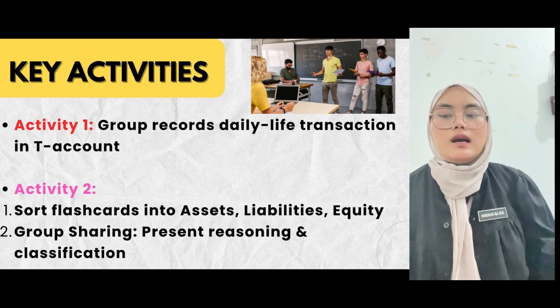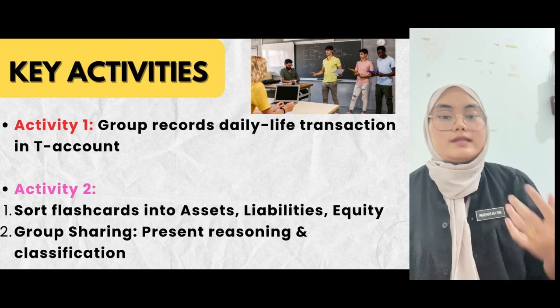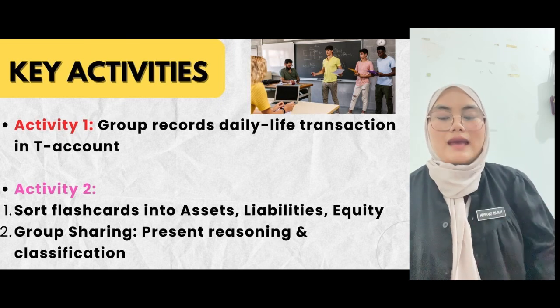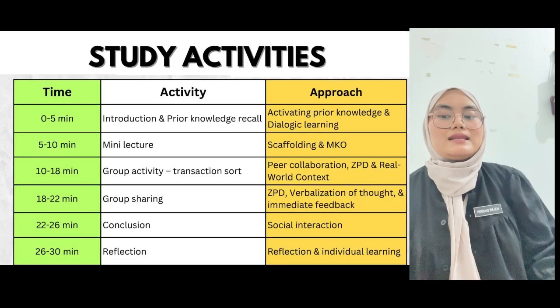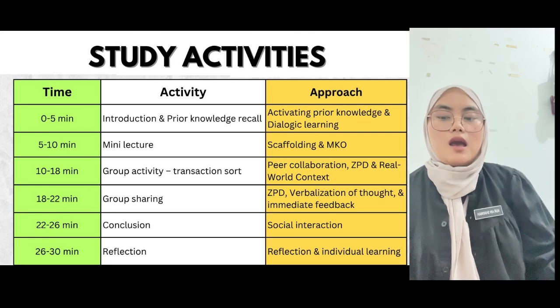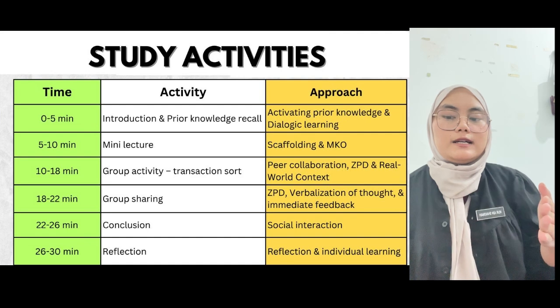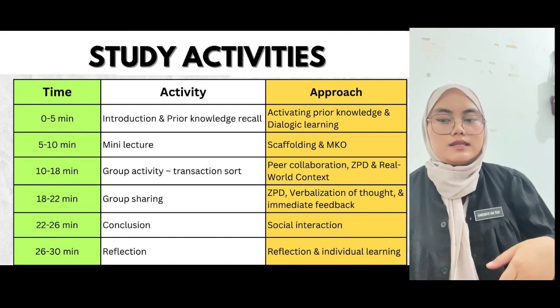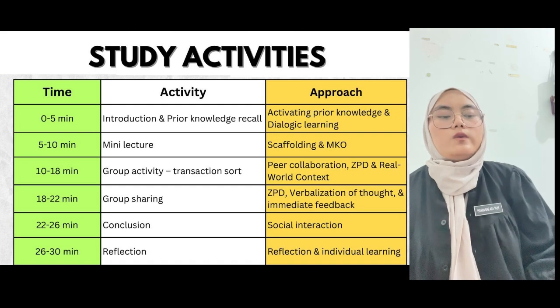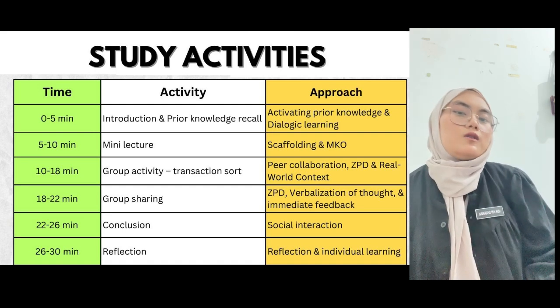Each group, I will ask them to present all their sorted transactions and explain their reasons. Me as a teacher, I will give guiding questions. For example, why does your group record buying equipment in credit terms as an asset and as a liability? I want to hear their opinions and conclusions.